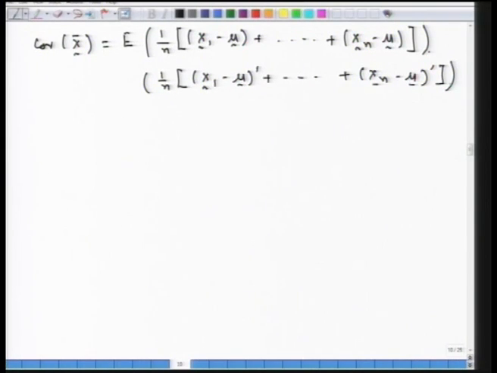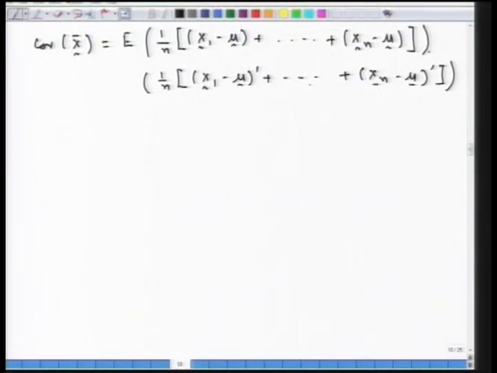Now, when we look at taking expectation term by term of each of these entries, if we look at expectation of the first term multiplied by the first term, what we will be getting is just the covariance matrix of this x, which is sigma, apart from this multiplier. Now, when we look at the cross product, say this with the next element here, remember that these x1, x2, xn vectors are a random sample, and hence they are independent.